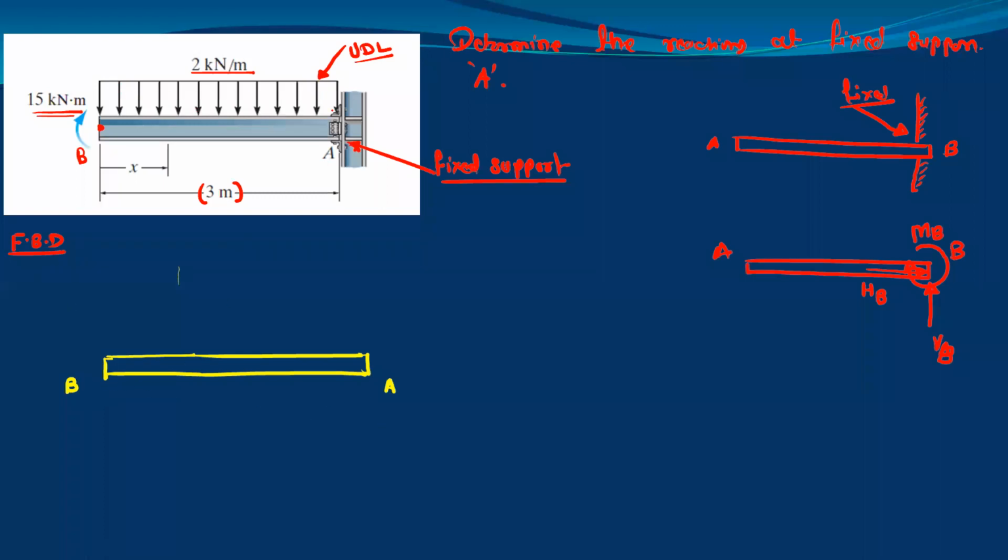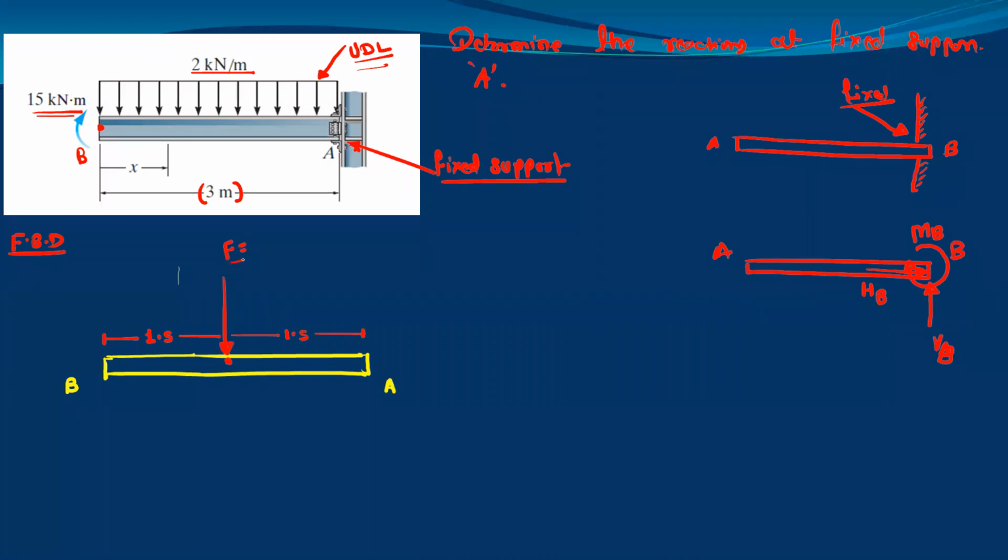Then we have to convert this UDL into a point load. You know the conversion of the UDL into a point load. The point load due to this UDL will act exactly at the center of its entire span, at the point L by 2. So this is 3 by 2, which is 1.5, and this is 1.5.